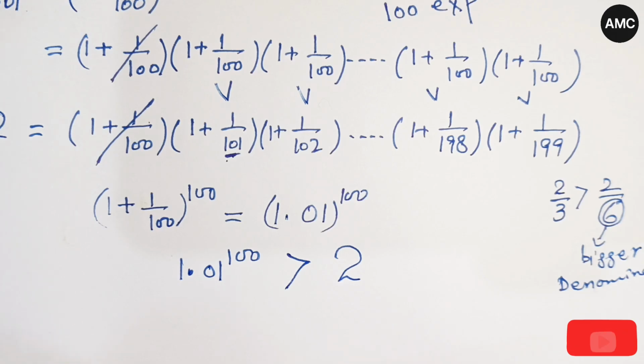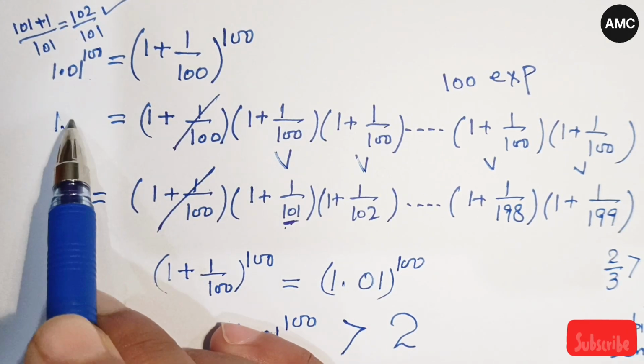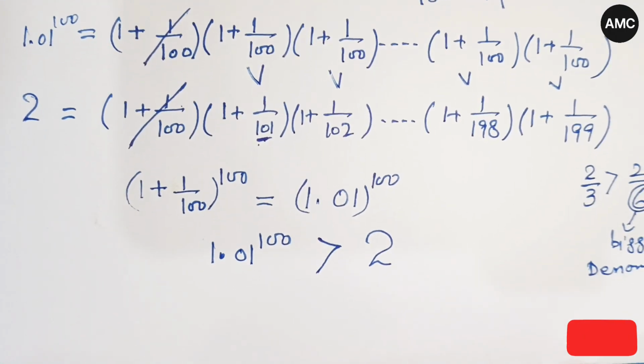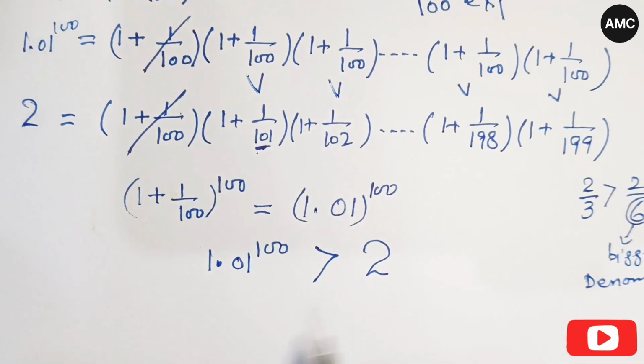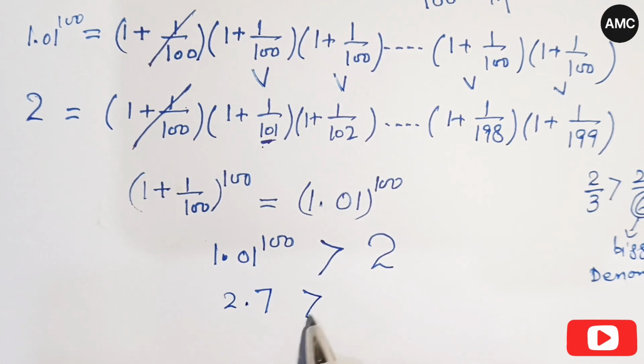So we see that 1.01 to the power 100 is greater than 2. Similarly, 1.01 to the power 100 is almost equal to 2.7, which is greater than 2.